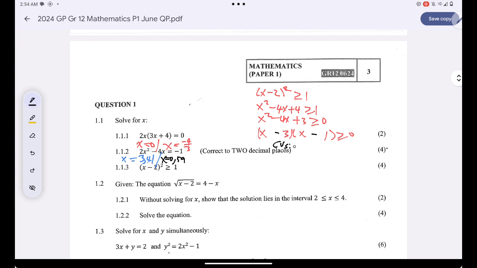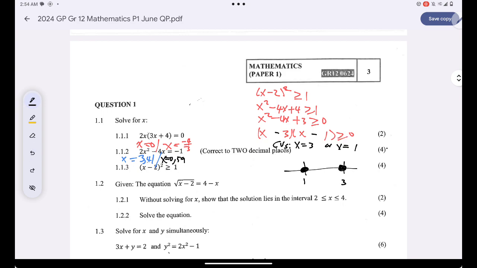My critical values are x is equal to 3 or x is equal to 1. Then just place them on the number line. I have 1 and 3. Are they included? Yes, they are, because my inequality has an equal sign, right? This is an equal sign there.